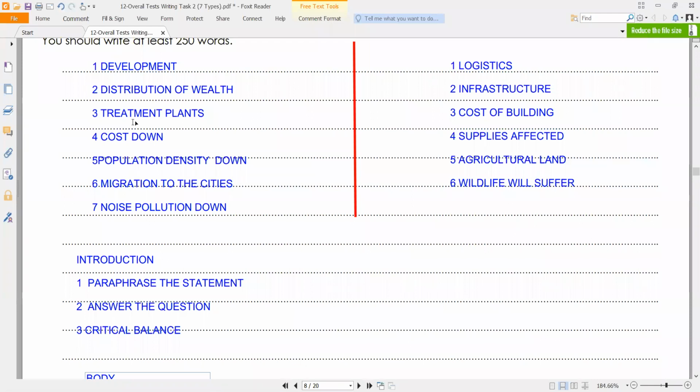Though it would improve the rural area, the urban areas will benefit as well because the migration or the influx of population to these areas would reduce as well. At the same time, reducing the noise and the cost of living in the cities.